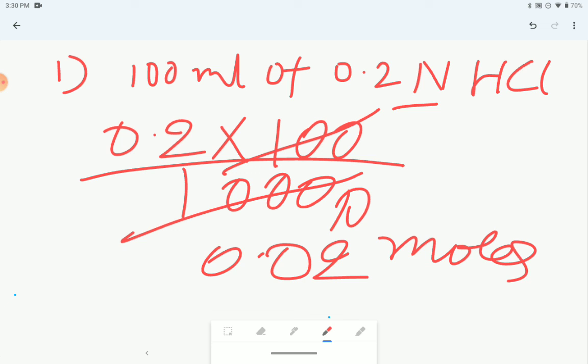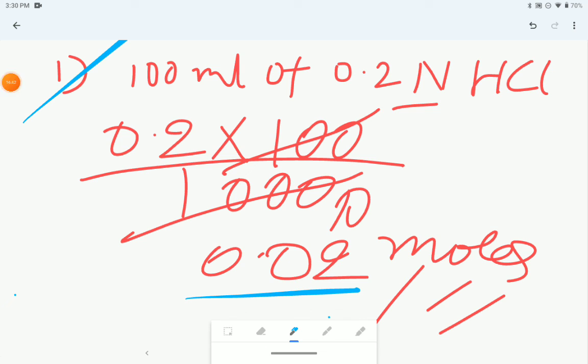Yes, this is the perfect answer. You can also check the other three options, but they will not result in 0.02. So this is the correct answer we have obtained. Hope everyone understood it clearly. Okay.